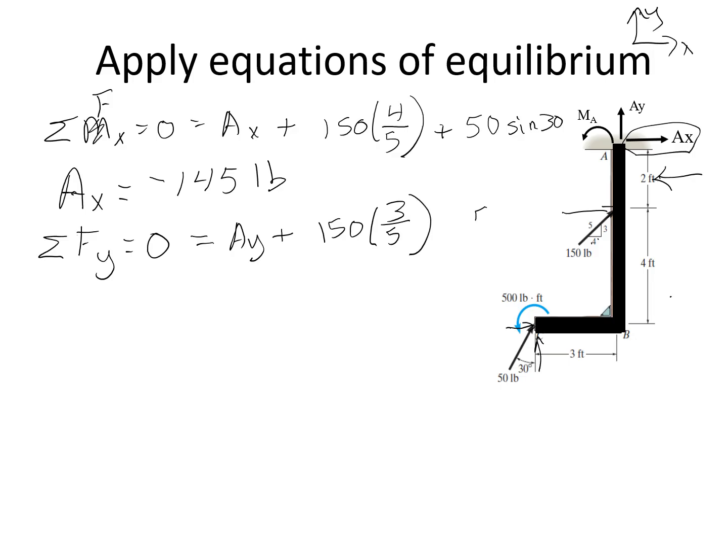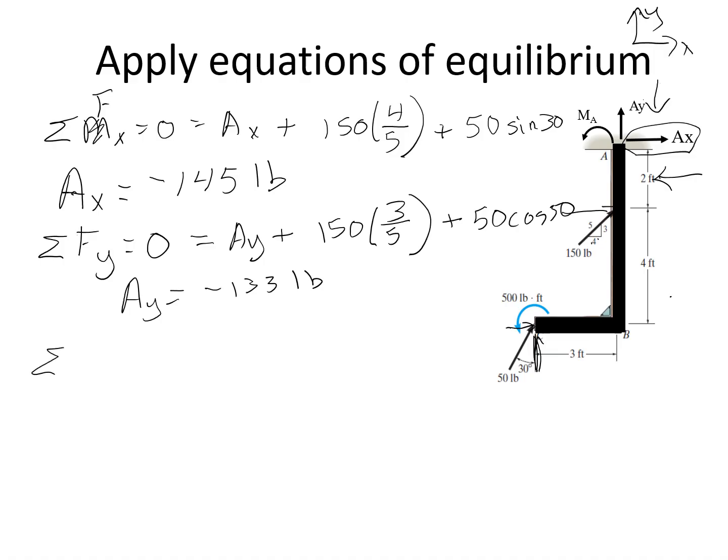And then the 50 pounds, and this component here will be the cosine of 30, and it is also positive, so it will be pointing up. Solving this equation, I get AY is equal to negative 133 pounds. So again, I just have the wrong direction here. The AY is actually going to point down.